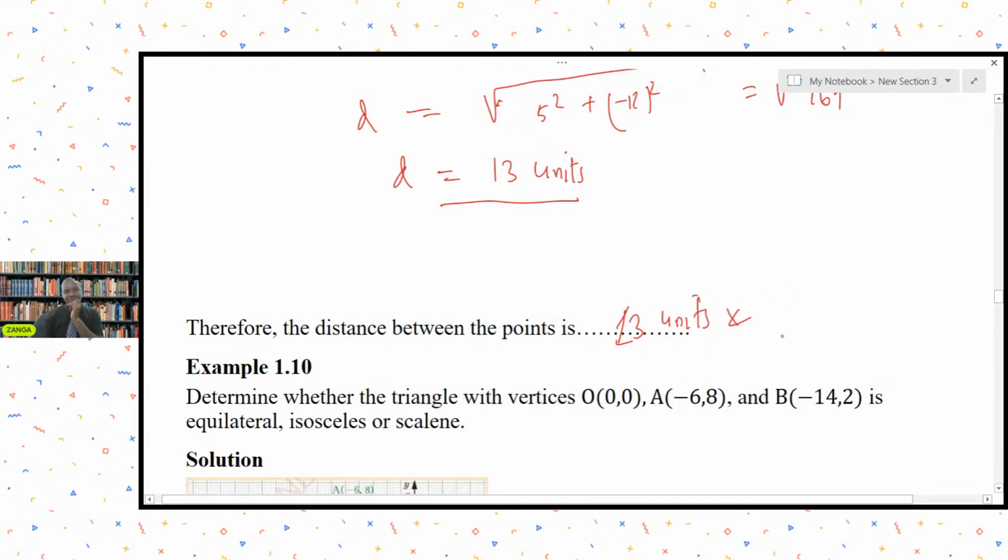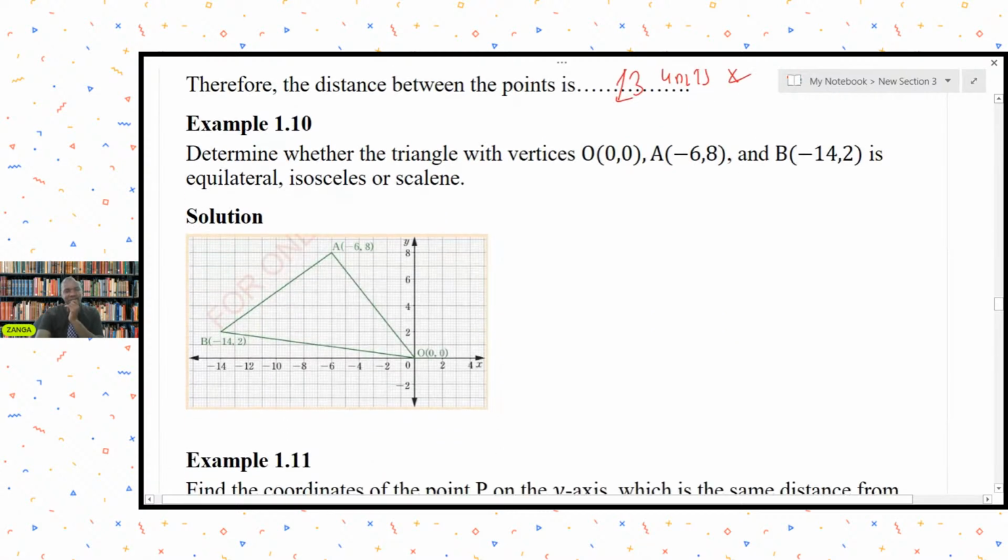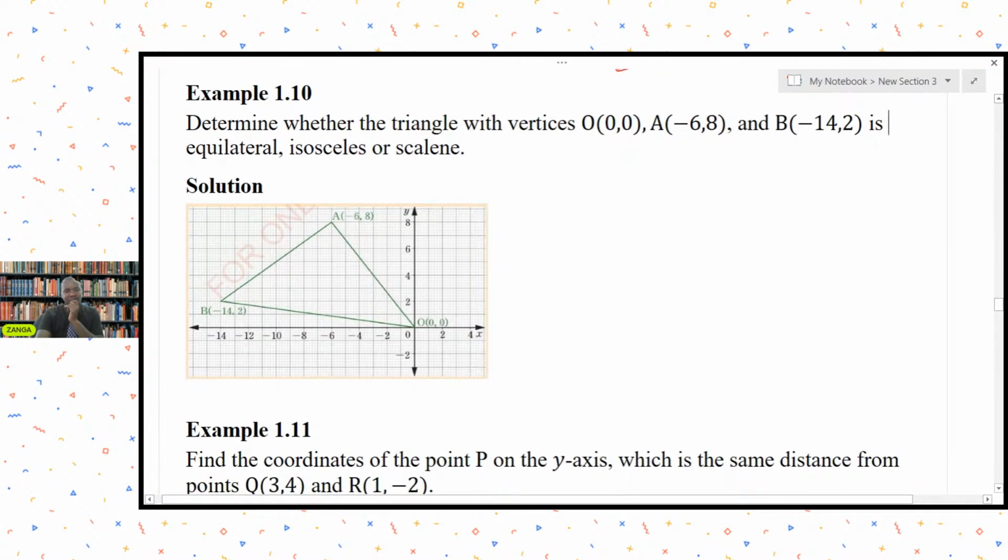And let us jump to example 1.1, and this is going to be our second example. Determine whether the triangle with vertices (0, 0), (-6, 8), and (-14, 2) is equilateral, isosceles, or scalene. So you need to know equilateral triangle.